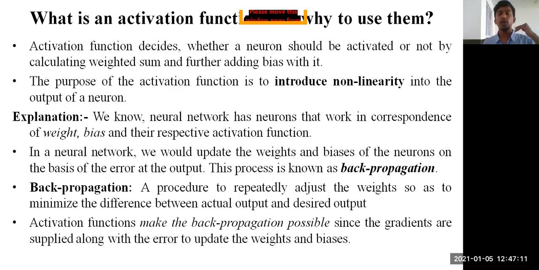Assume that you have given some input variable x1 and weight w1, and you want your desired output as some value like 5.2, and assume the output you got is around 4. So there is a difference of 1.2. That 1.2 can be managed using back propagation, by adding weights here and there, and also adding some bias, that is removing some unwanted thing. You can get your desired output.